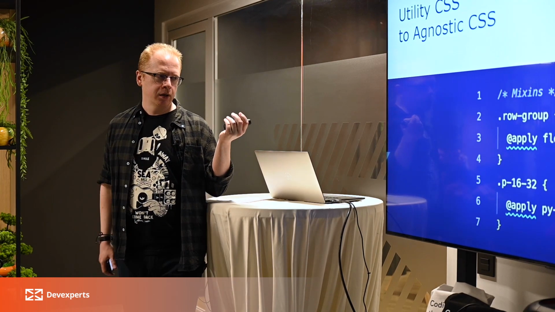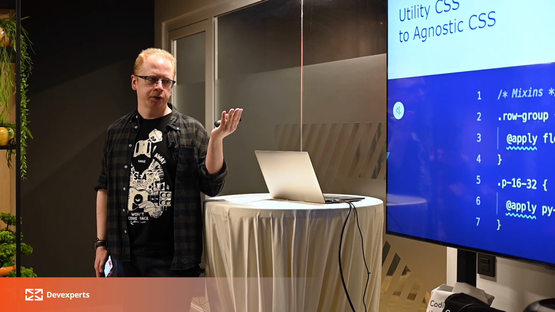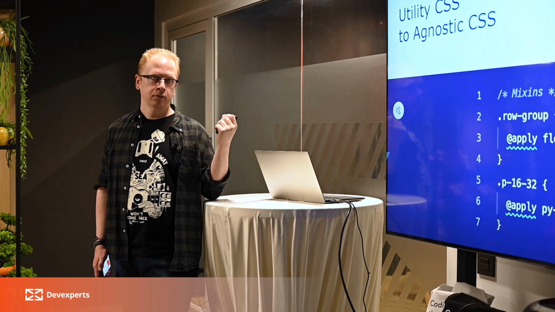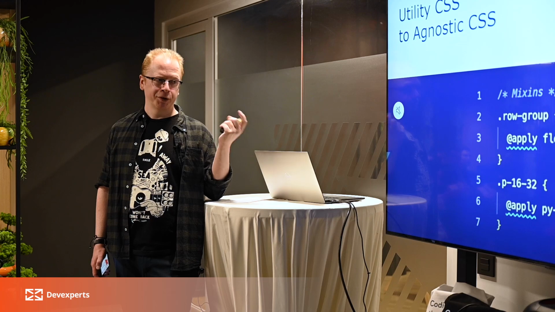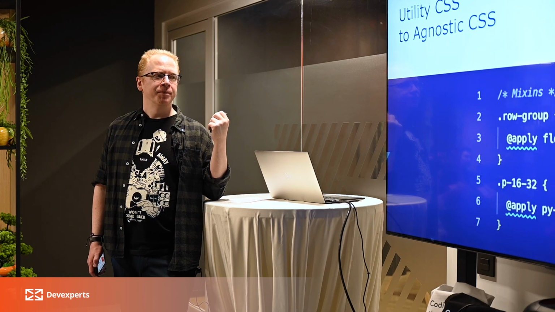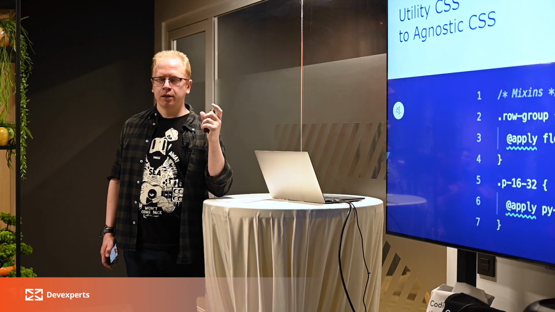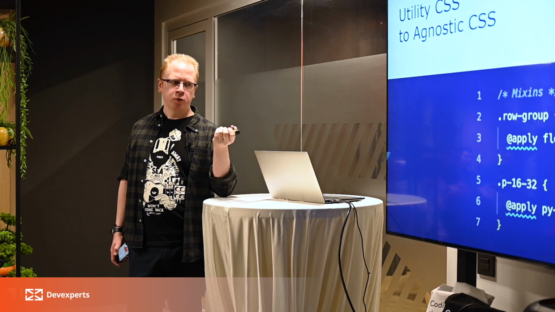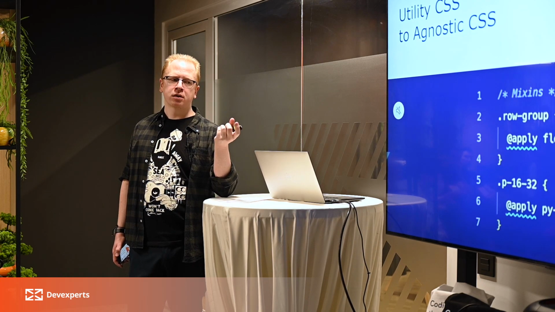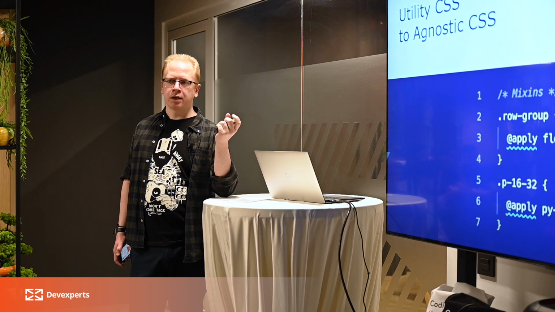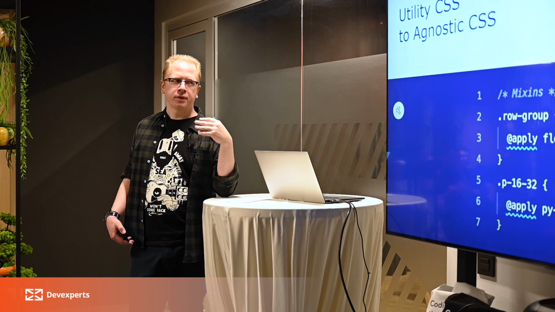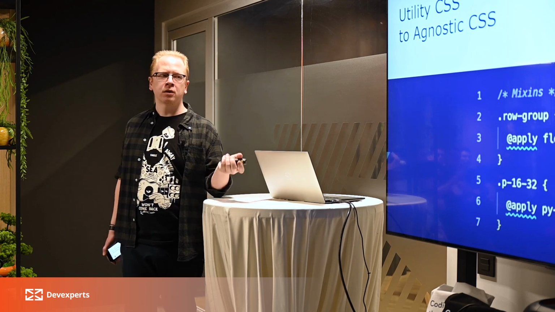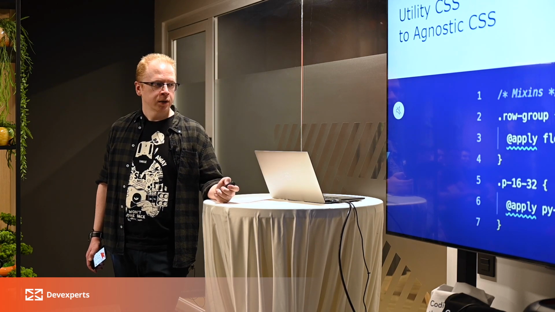So here we use a flex row and the horizontal alignment and vertical alignment as one set called the row group, and the other one abstracts the styles of padding, because this stuff tends to be repeated a lot through your project.